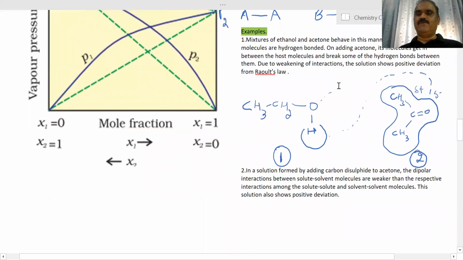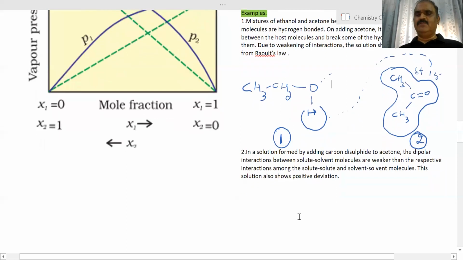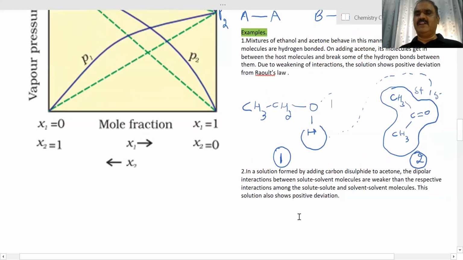In a solution formed by adding carbon disulfide to acetone, the dipolar interactions between solute and solvent molecules are weaker than the respective interactions among the solute molecules and among the solvent molecules, that is 1-1 and 2-2, we call it. So two things are there: one is carbon disulfide and second is acetone.